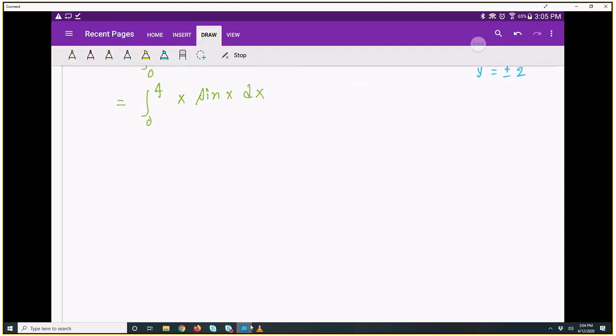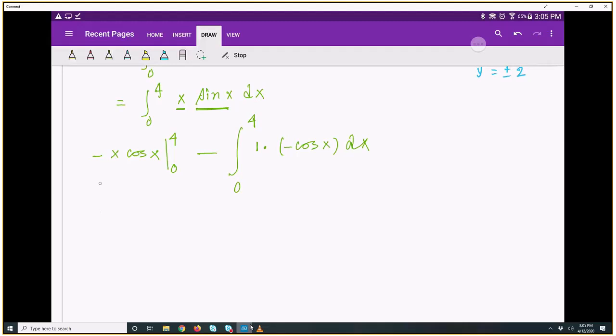I will do this by integration by parts. First I keep x fixed and integrate sine x, which gives me minus cosine x. So I get minus x cosine x, evaluated from 0 to 4. The integration by parts formula says that you need a minus, and now you differentiate the fixed term, which is x, so you get 1. Again, the antiderivative of sine x is minus cosine x, and I integrate further with respect to x for the limits 0 to 4.